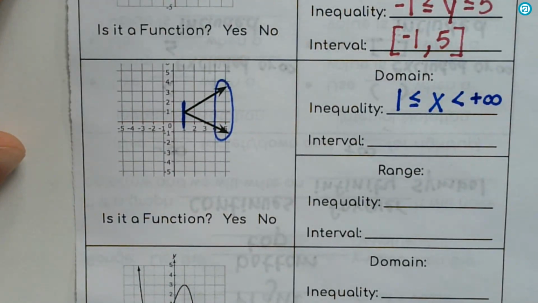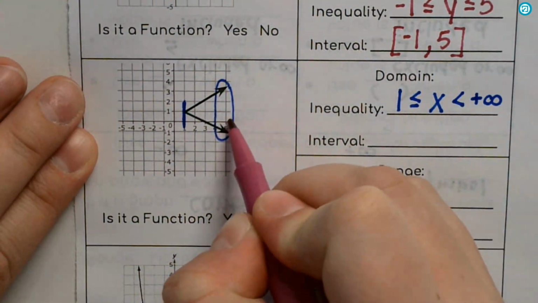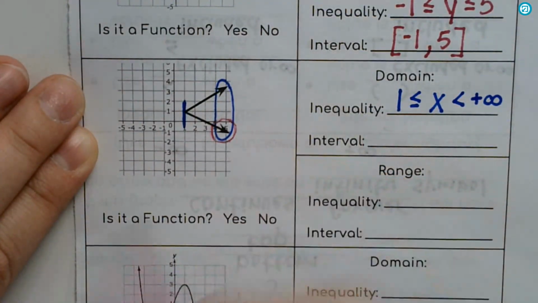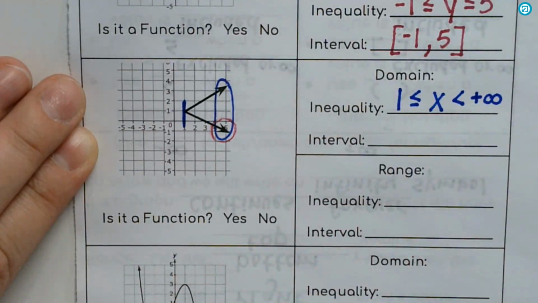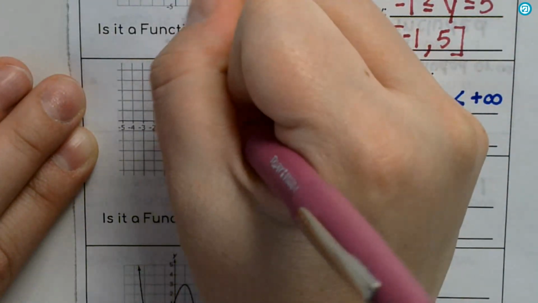Okay, let's go look at our range. If we look at our graph, what is the lowest thing on our graph? An arrow, yeah, okay, which represents infinity. What's the highest thing on our graph? Also an arrow.